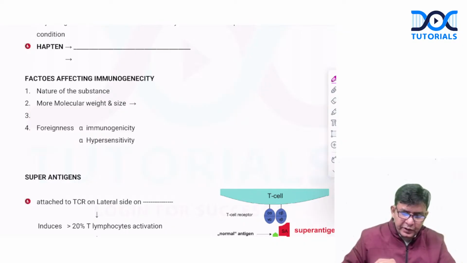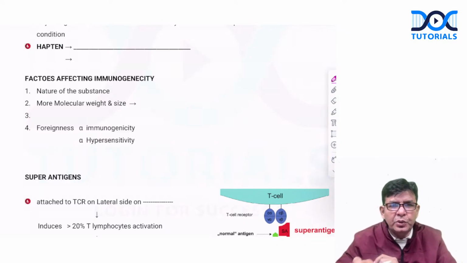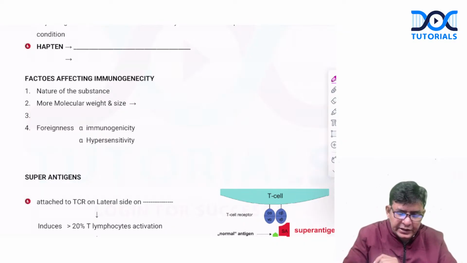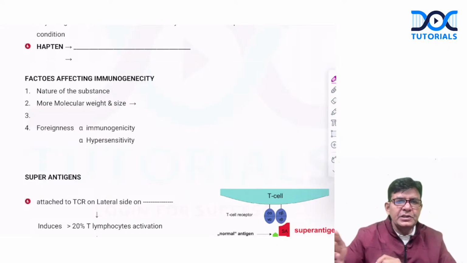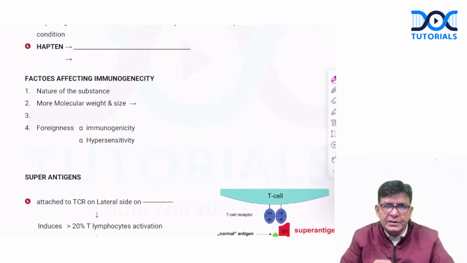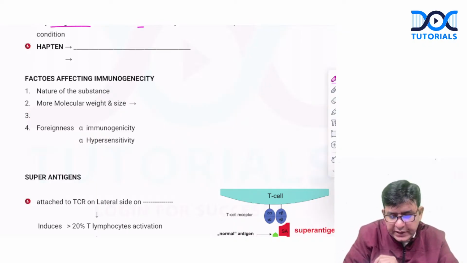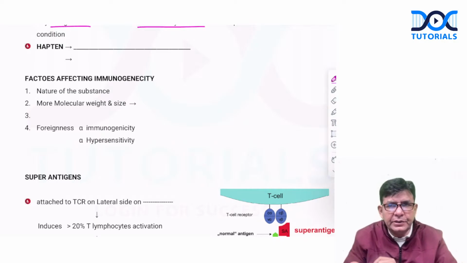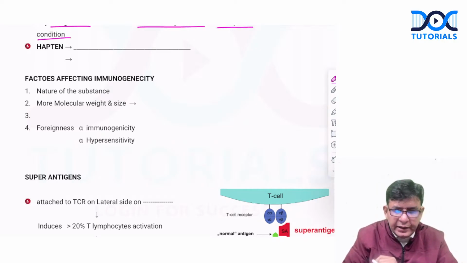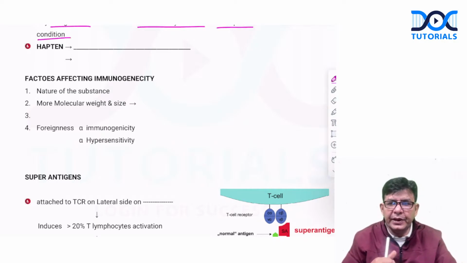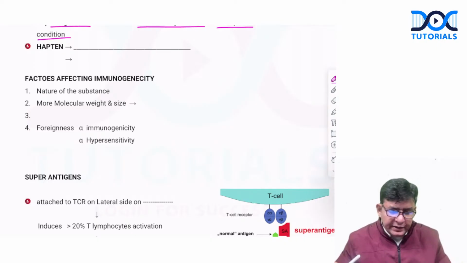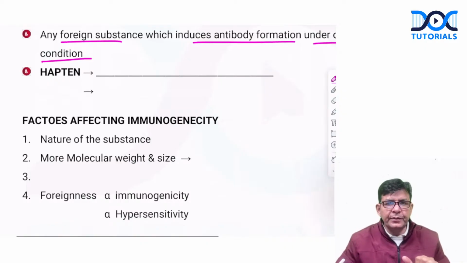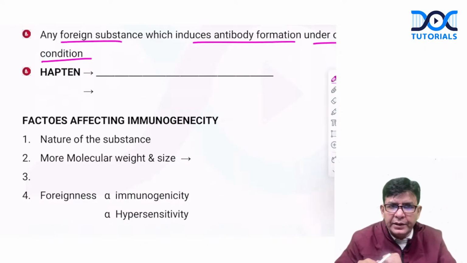So, first of all, what is an antigen? You should know what an antigen is, because a lot of questions do come. Antigen is any foreign substance which induces antibody formation under what? Under optimum condition. Okay. Means any particular thing which comes in our body and induces what?